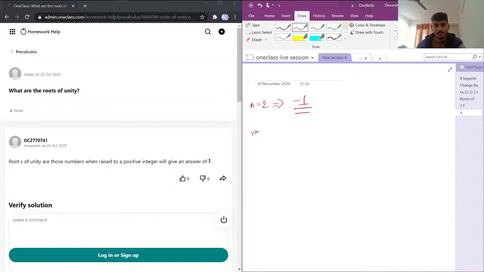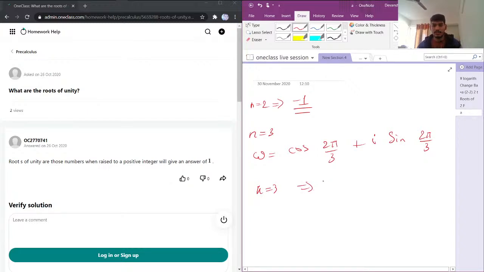For n equals to 3, I have omega as cos of 2 pi by 3 plus I times sine of 2 pi by 3. So for n equal to 3, let me just calculate the value.